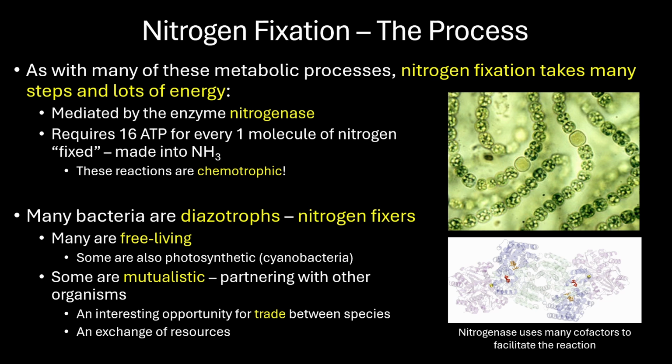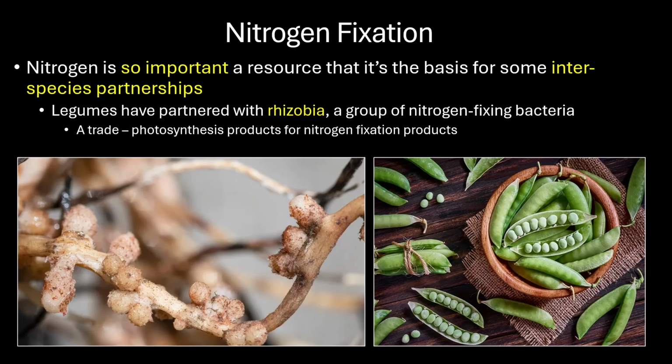This is where the mutualism comes in. So nitrogen is really important for living things. It's a critical part of our proteins and nucleic acids. We can't make them without that. And so nitrogen is so important that it can be used as a resource to facilitate these interspecies relationships and drive species to be more friendly with one another.